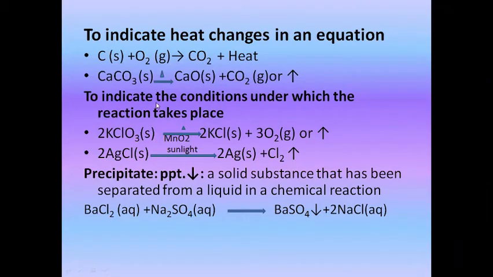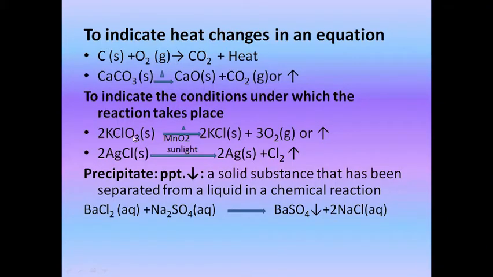Second condition is how to indicate the conditions in which the reaction is taking place. Sometimes reaction takes place in the presence of sunlight, sometimes in the presence of electricity, sometimes in the presence of catalyst. For example, I have shown two reactions.